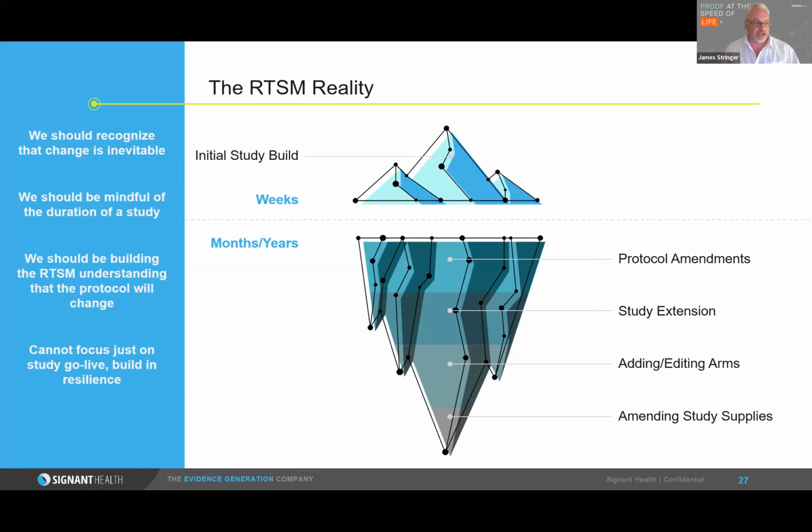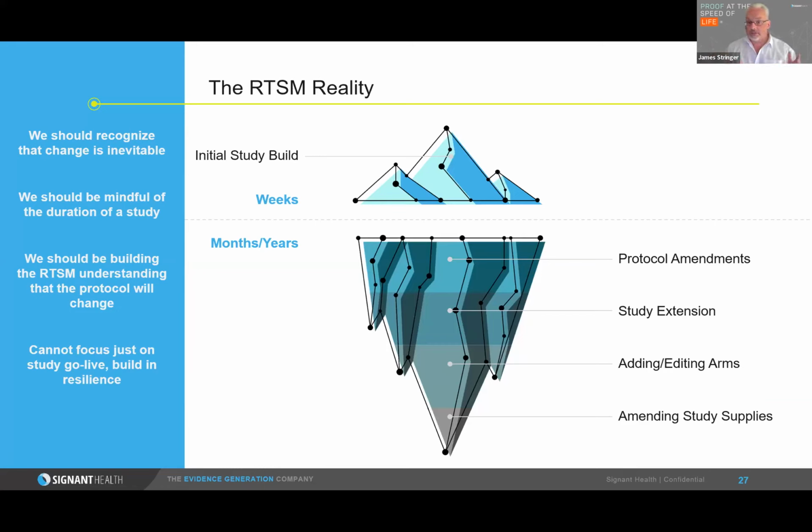The reason that I suggest that, and it's what we do at Signant, is to start to think about what will change in the future, because when you actually start to look at it, it's far better to build something today than it is to have to change things later when you start to get live patients in the study and you start to introduce some risk.